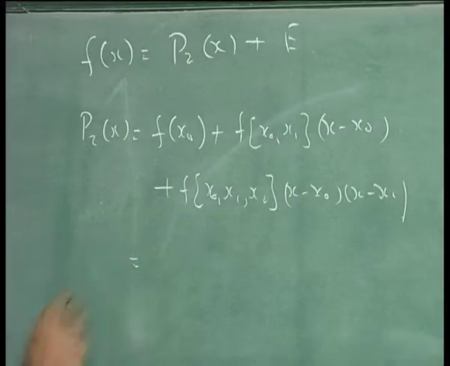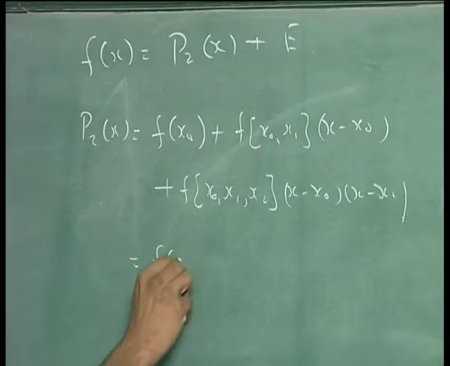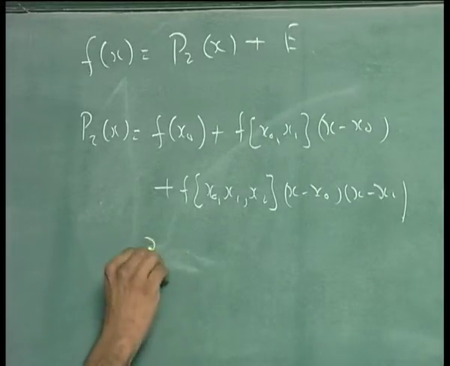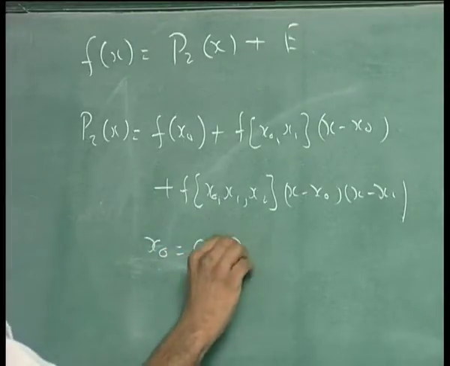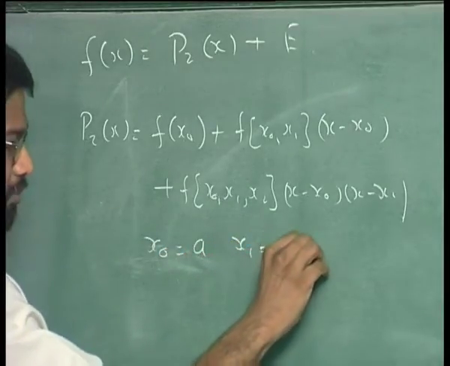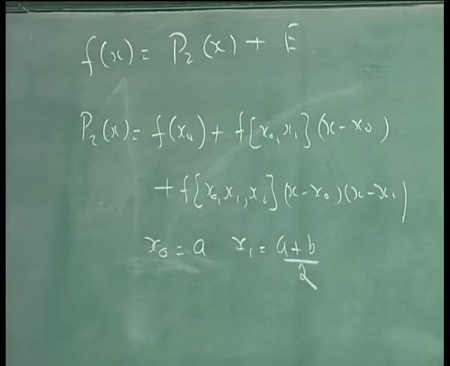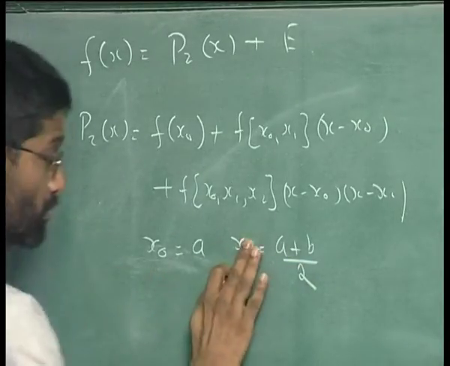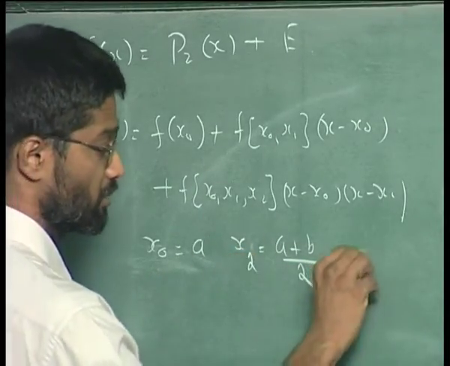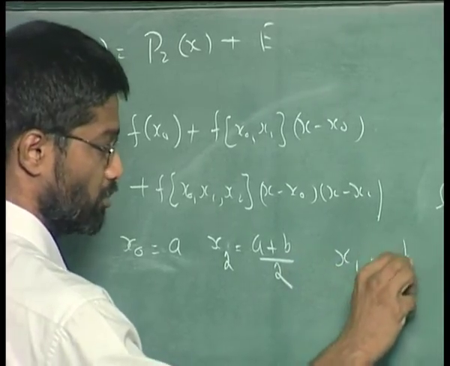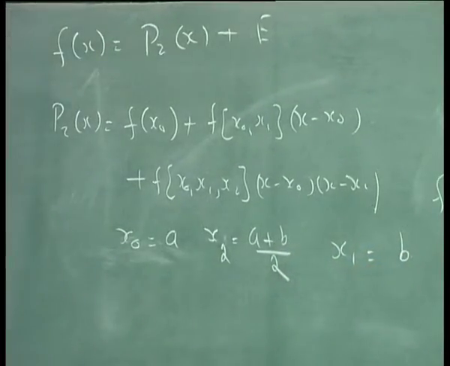So that is an approximation to the function. We are choosing x0 to be a, x2 to be a plus b by 2, and this is important, x1 is b. Okay, that's what we are going to use.